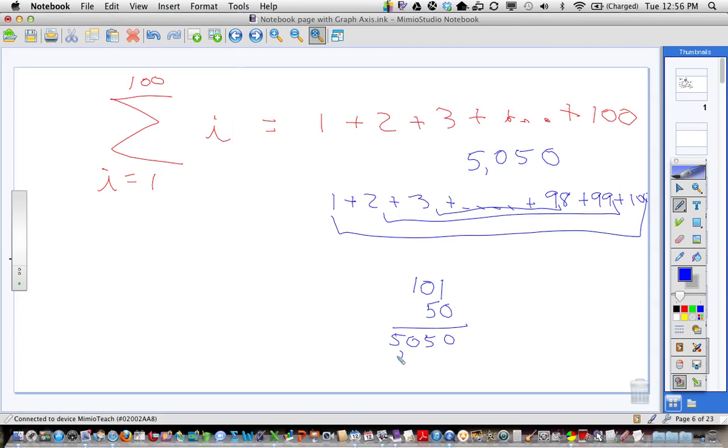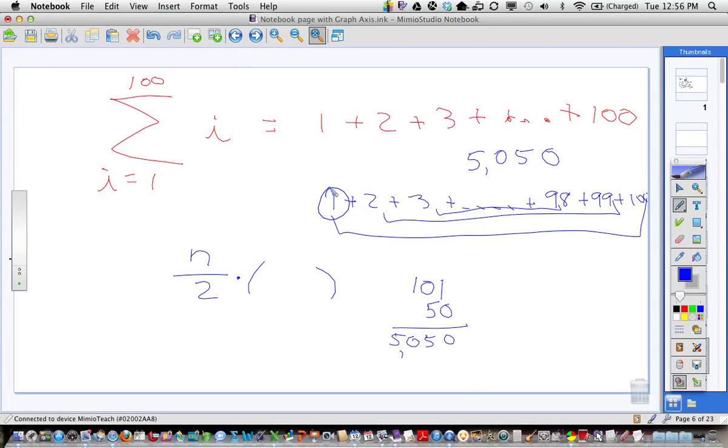5,050. Now, what this leads us to is actually a pattern, a formula. There's actually a formula for doing a sigma i problem. The formula is you take the number of pairs, which would be n, this n up here, divided by 2, right? That'd be the number of pairs that you have. And then each pair adds up to what?